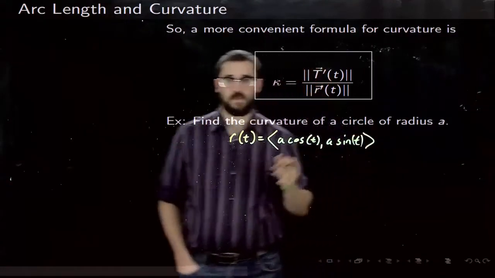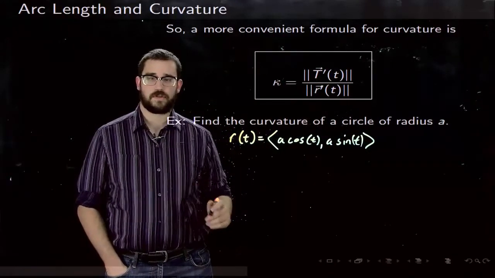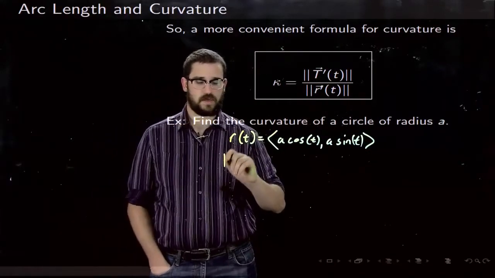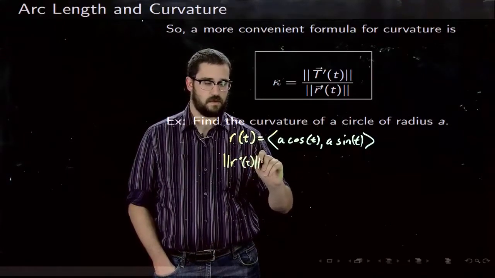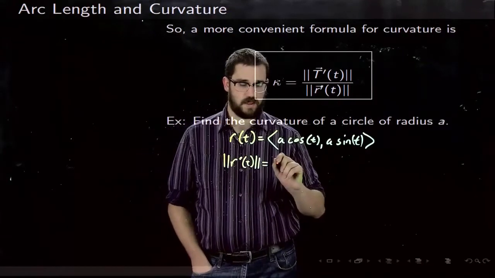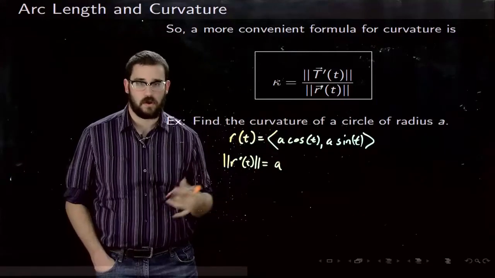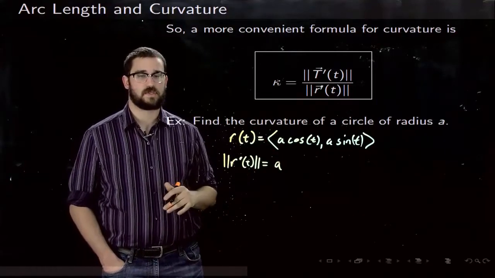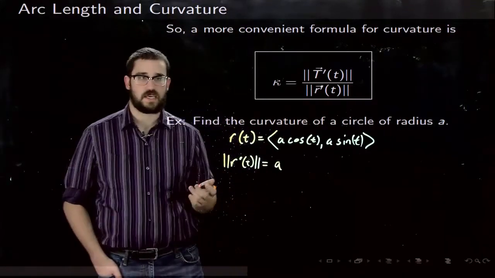That is a vector valued function that gives us a circle. Now, you could do the calculations, but it's quite clear that the magnitude of r prime of t is just going to be a, because cosine squared plus sine squared always equals 1. So how do we figure out what T is?